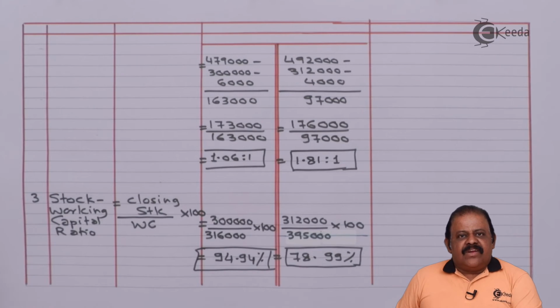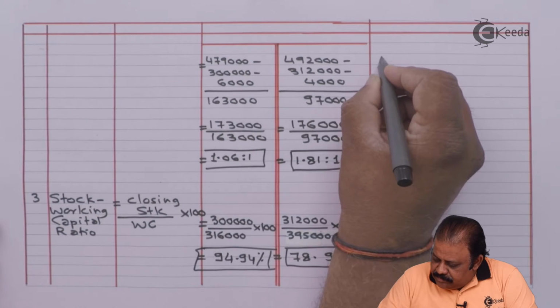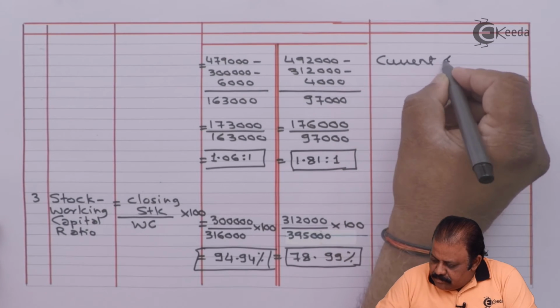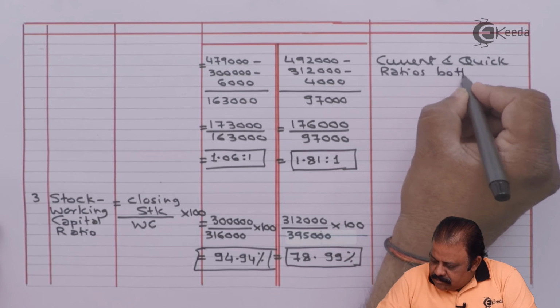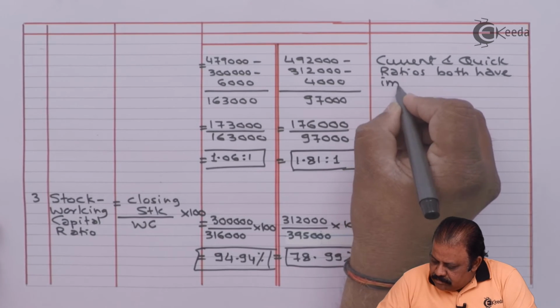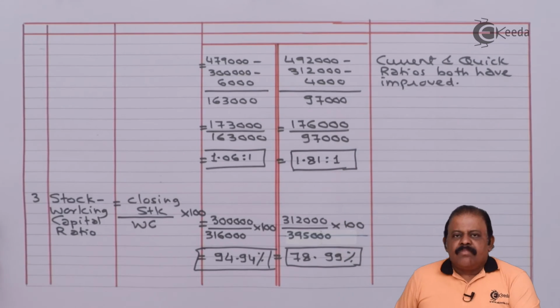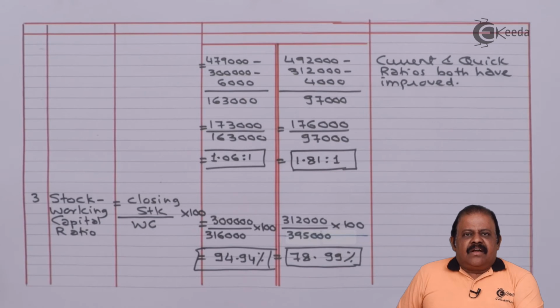Quick ratio as well as current ratio both have improved. As there is improvement in current ratio as well as quick ratio, it indicates short-term solvency and liquidity position of company has improved.